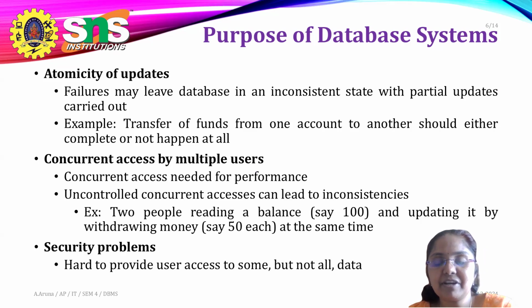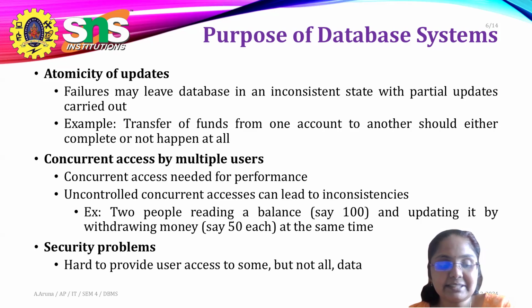For example, on an e-commerce site, if you are paying an amount and there is a network failure in the intermediate stage, a notification can be sent to your mobile saying authentication failed. That type of thing we definitely need if we have a database.